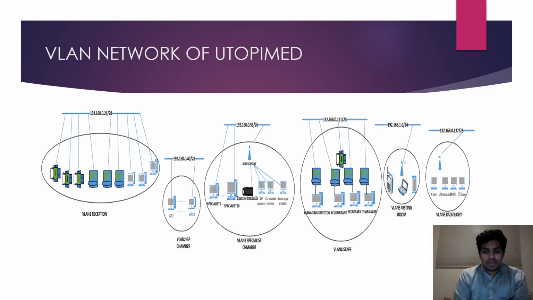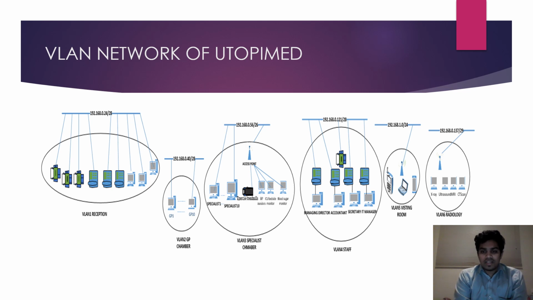So we put the staff into one common group because they use the same common printer or photocopy machine. There is a visiting room in which the visitors will be waiting for the next appointment. They will be provided free Wi-Fi to connect and make an appointment or download certificates from there. So it has an access point.